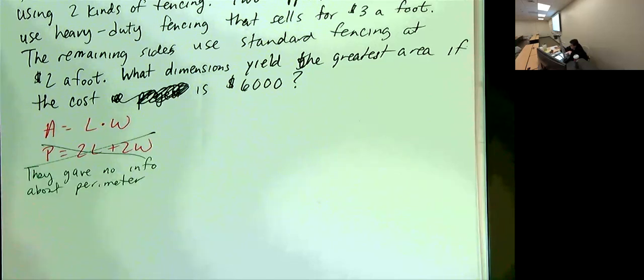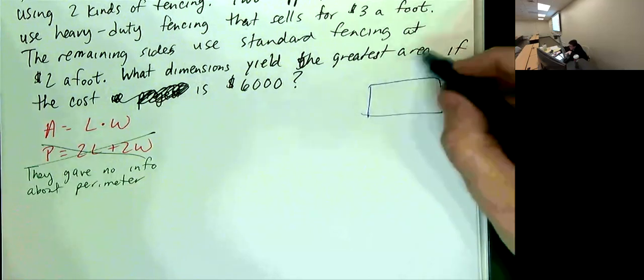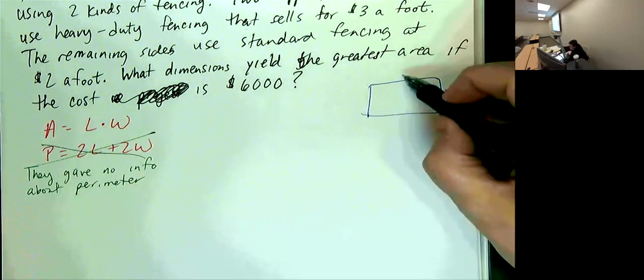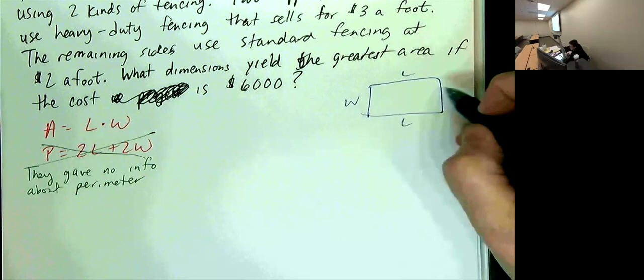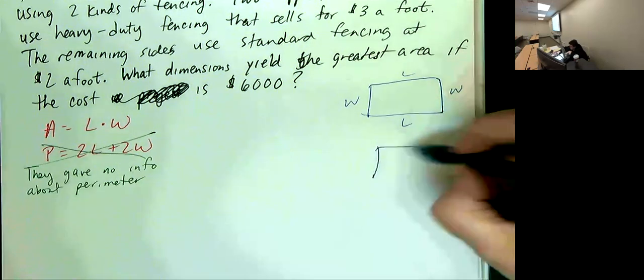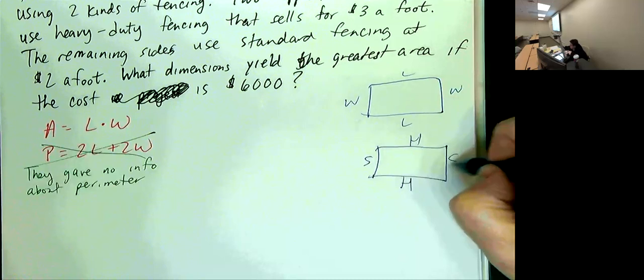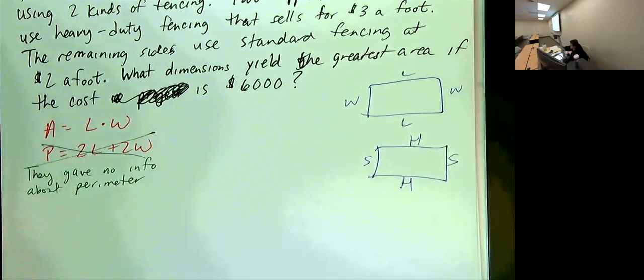So maybe I'll draw a little picture. I could say length and width, but they tell us two opposite sides are heavy, and the remaining two sides use standard fencing. I tried to stick with L and W for a while, and I go, which one's the $3?